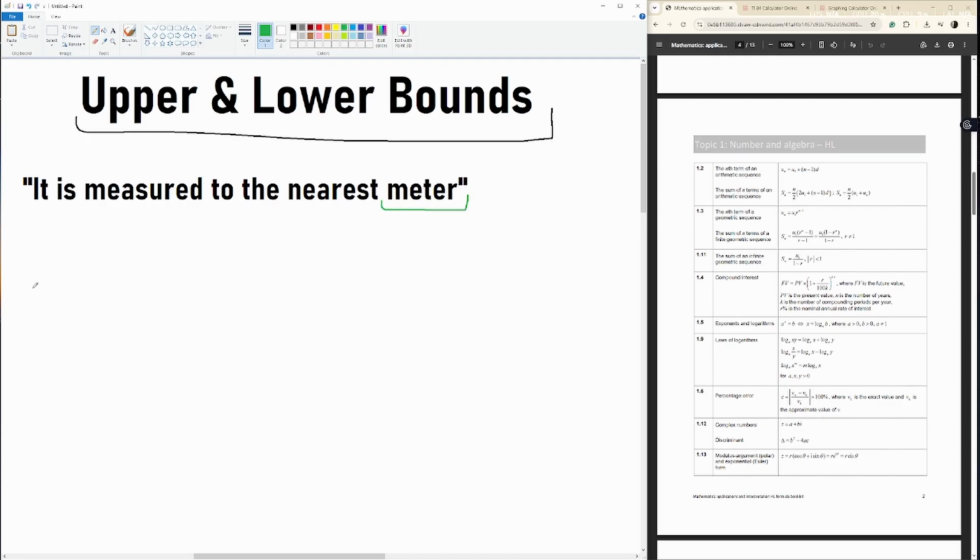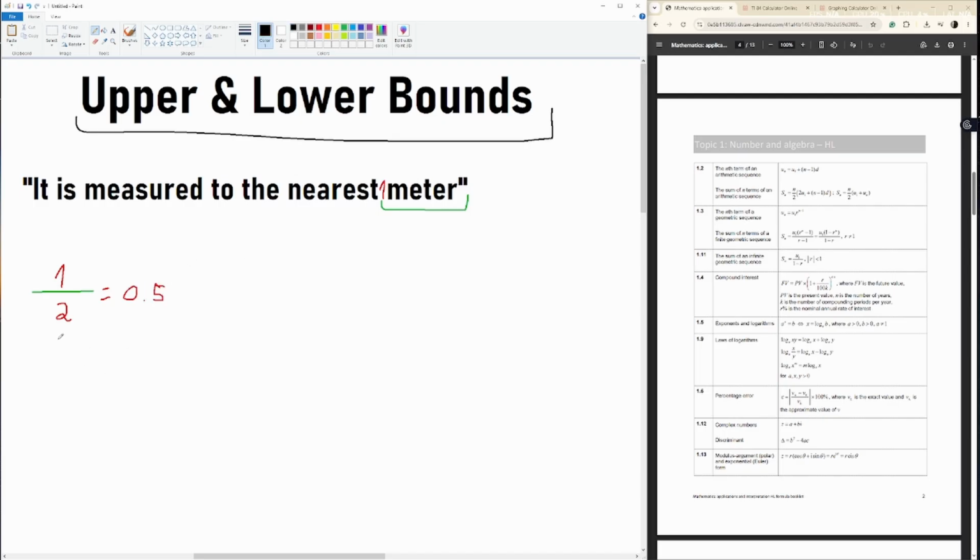And what you want to do is just take one meter, because if it says to the nearest meter, it's obviously to the nearest 1 meter. And then you divide this by 2 and you get your difference to be 0.5.